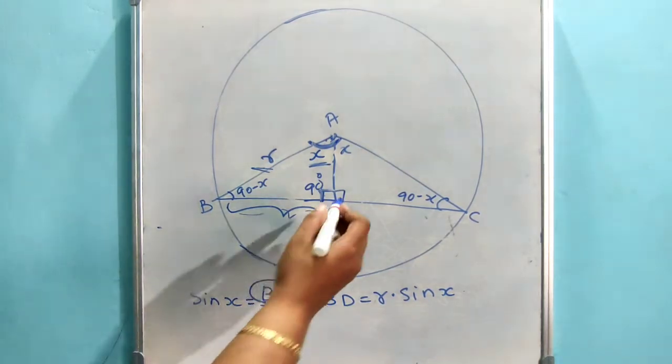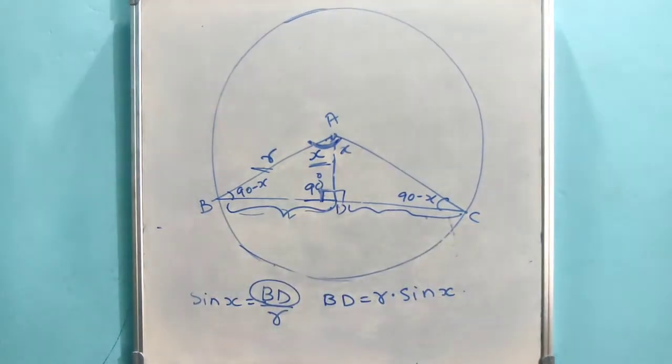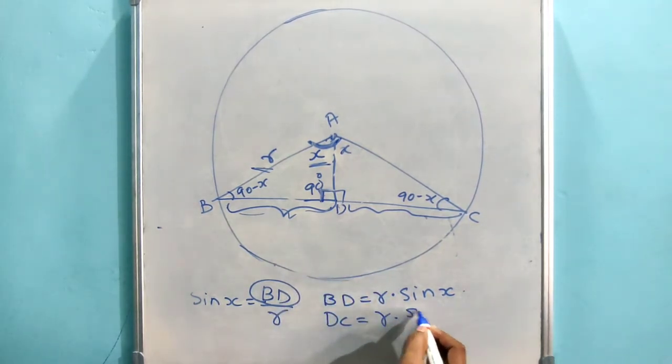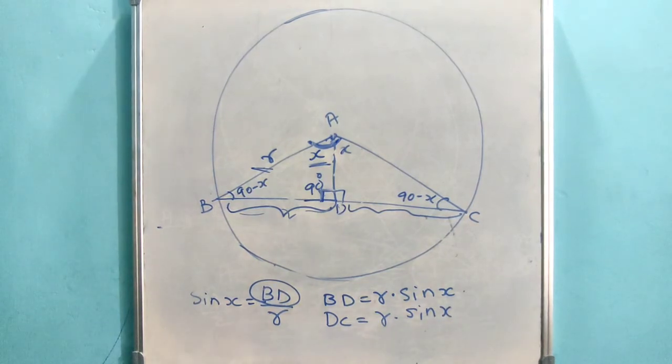Then similarly we can find that DC is also equal to R into sine x. Then what will be the total length of BC?